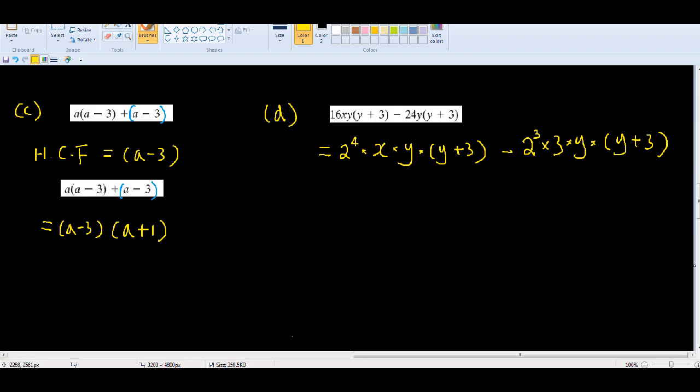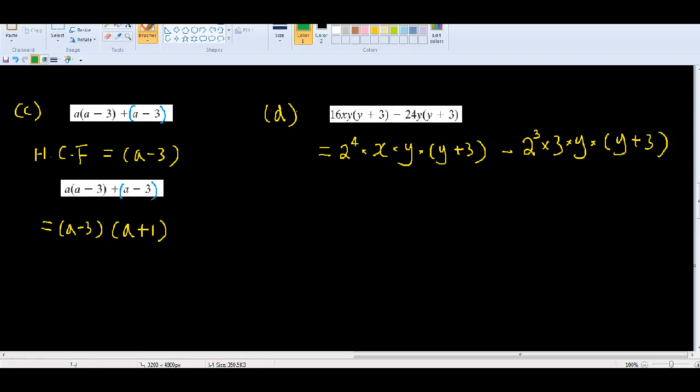For D, it's a bit more complicated. You can't just say that y plus 3 is the HCF. It's not the case. Why? Because you see 16 and 24, and also the xy in front of the bracket, so there are plenty more common factors.